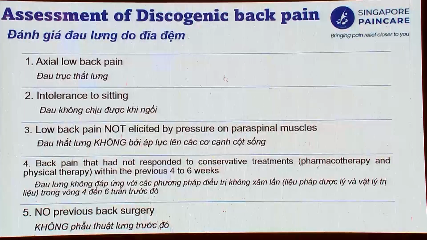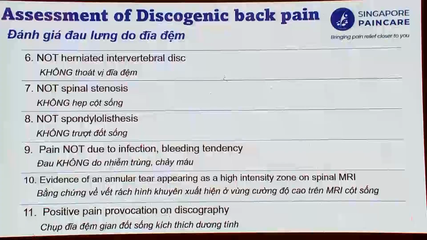Back pain that does not respond to conservative treatment, be it pharmacotherapy, physical therapy, physiotherapy, for up to 6 weeks. There is no previous back surgery. This part about herniation is difficult, as I said. When does it become a purely mechanical compression?